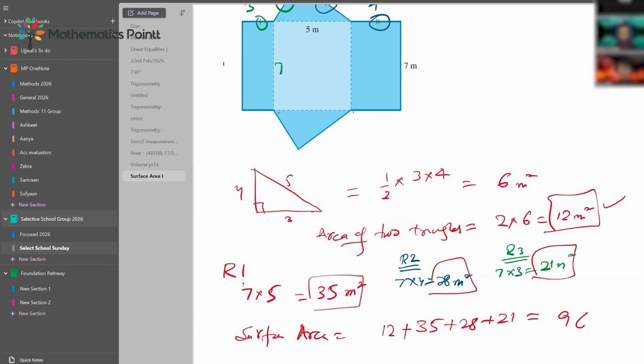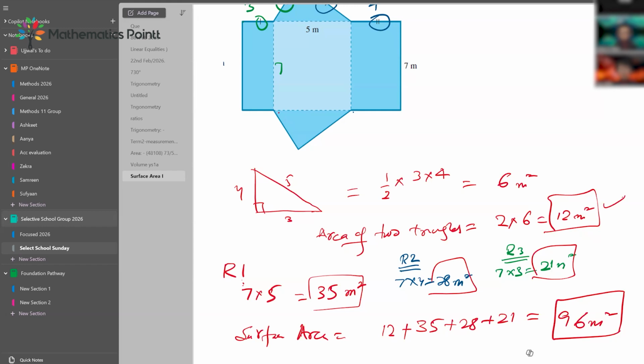And that is 96. That is how you calculate the area of a rectangular prism. So any figure that's given to you, 3D object that's given to you, just divide them into independent faces, find the areas of those independent faces and add them. As simple as that.